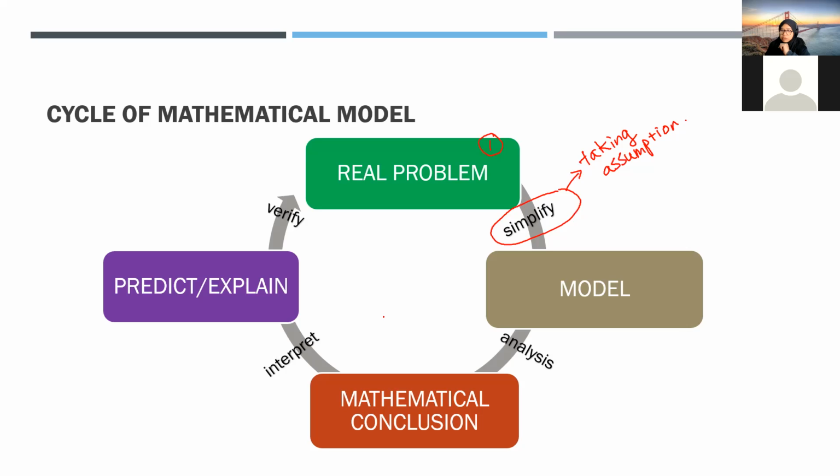By taking assumptions, what does that mean? For example, if we take all types of cars, like the Kancil, Hilux or bus, we have a lot of factors to consider. But what if we just assume there is one category of vehicle, just one category?